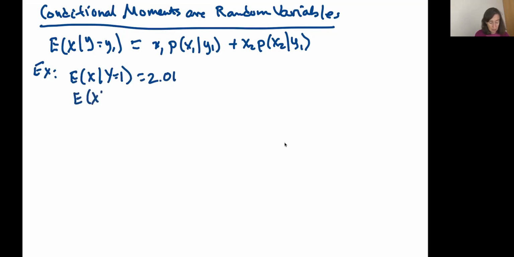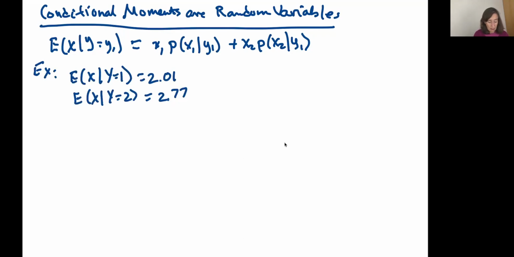And the expected value of x conditional on y equals 2, the other possible realization for y, was 2.77. We calculated those numbers before, and sometimes we're interested in them in their own right.